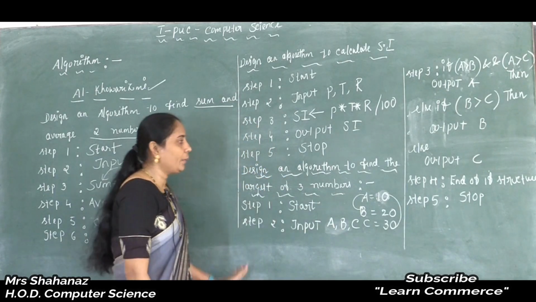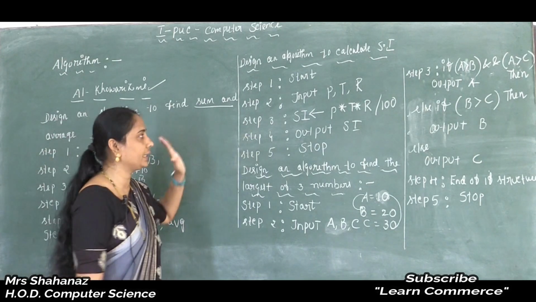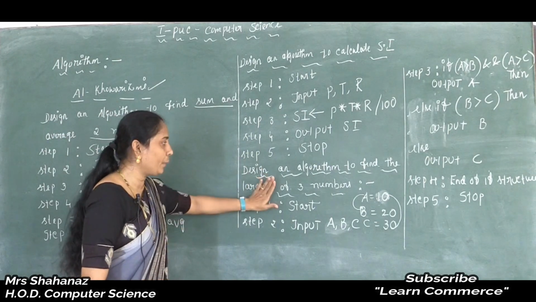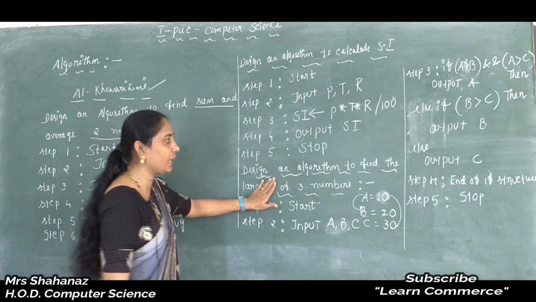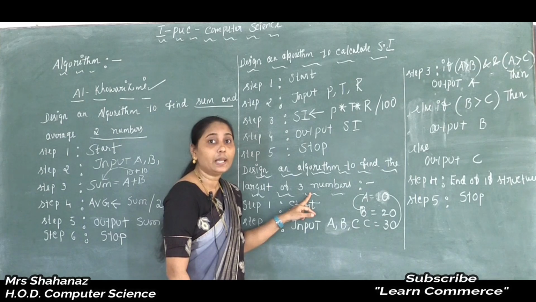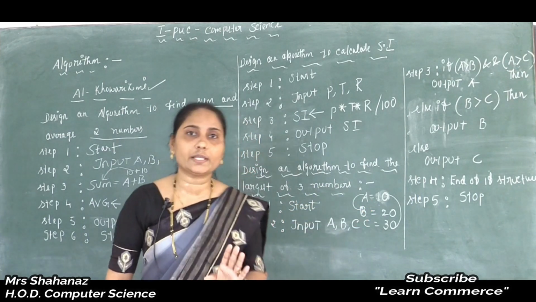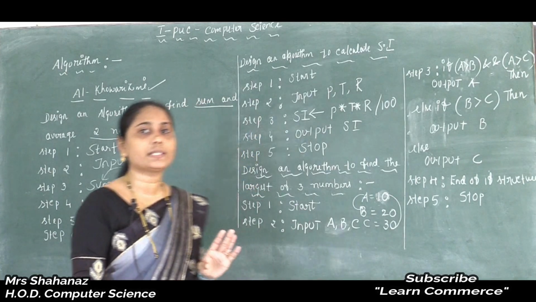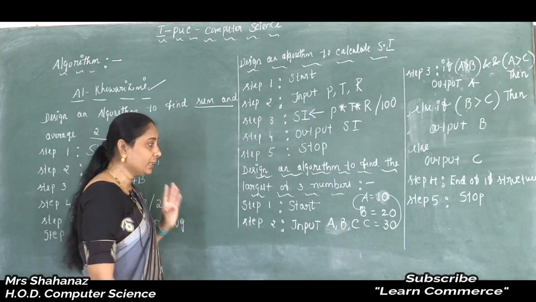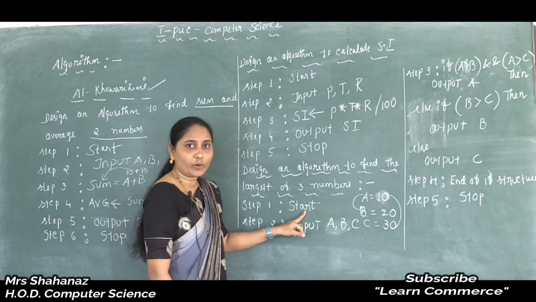So is it clear now how to complete the algorithm? The first and second I think are clear to everyone. In the last algorithm, we are going to find out which of 3 numbers is the largest, correct? And I already gave some values: A is equal to 10, B is equal to 20, C value is equal to 30. First of all, I started with step 1, start.